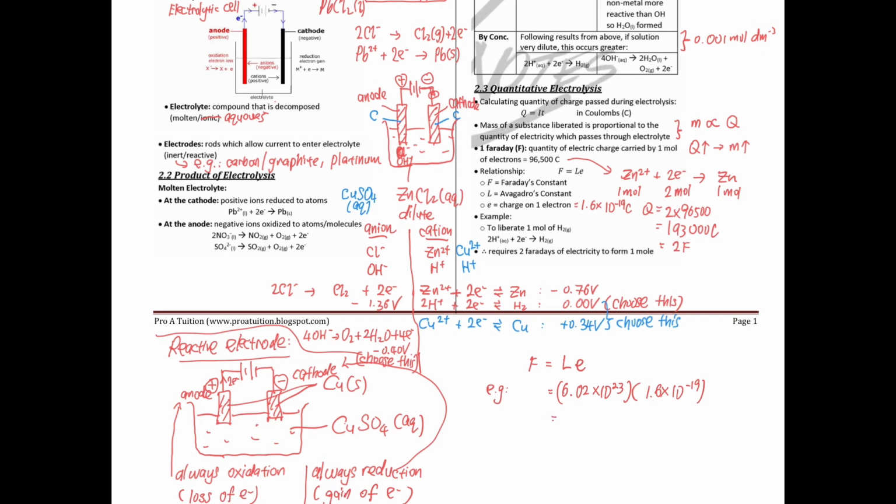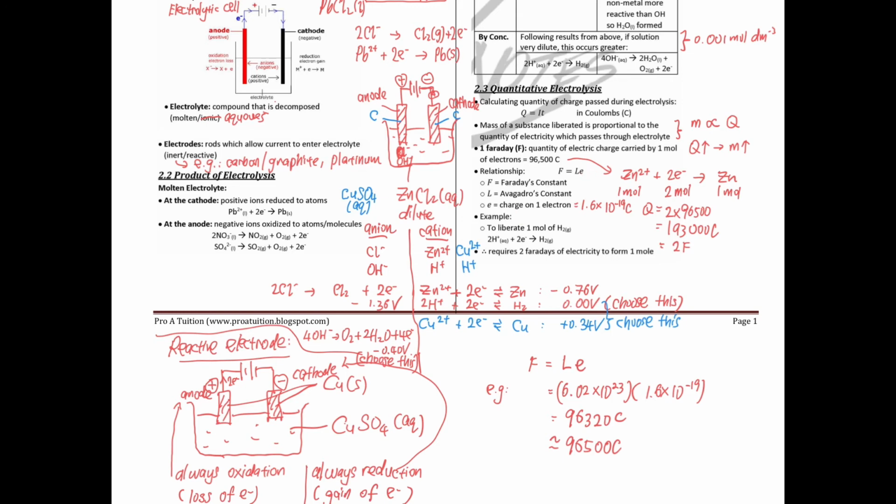If we press calculator for this, you will get 96320 coulomb, which is very close to 96500 coulomb. So this formula is used to find out how much charge is carried by 1 Faraday, which means 1 mole of electron. So that is the usage of this formula.